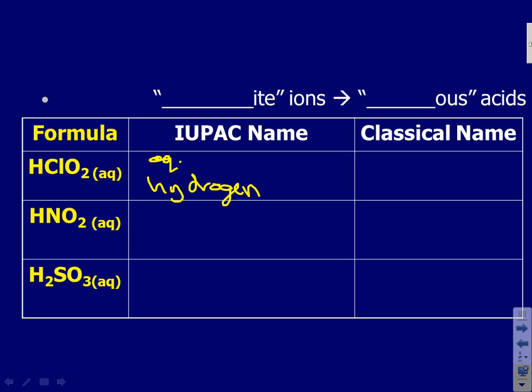And again, you can go ahead. You don't have to wait for me to do these. If you're getting the idea that the end is going to end up as an ous, excellent. Again, with the sulfur, it's going to have the extra syllable in there. Same thing. Just now they're going to end in OUS instead of IC.